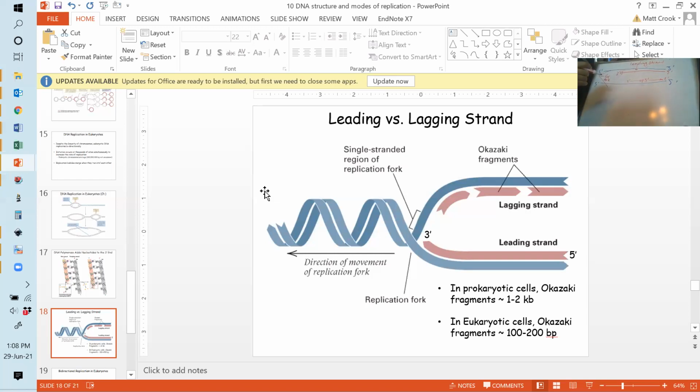I just had to turf her off the couch, love, because I need to use my whiteboard. And then you kick it out, and then you synthesize another little bit, right? These are called Okazaki fragments. And in general, this is called the lagging strand.